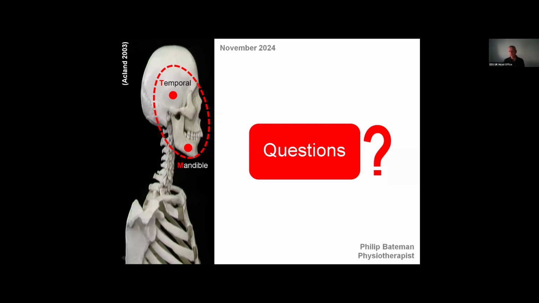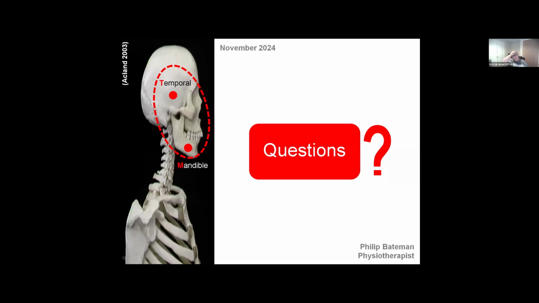So I think it is helpful to know something about EDS, but I don't think it's essential, because what we're looking for in all patients is what we call impairments, things that the patients are struggling with, and we try to treat those directly. So whether you've got EDS or haven't, there's lots of people out there with joint hypermobility that haven't got EDS that I might be treating in a similar way. And hopefully it's effective for lots of patients.